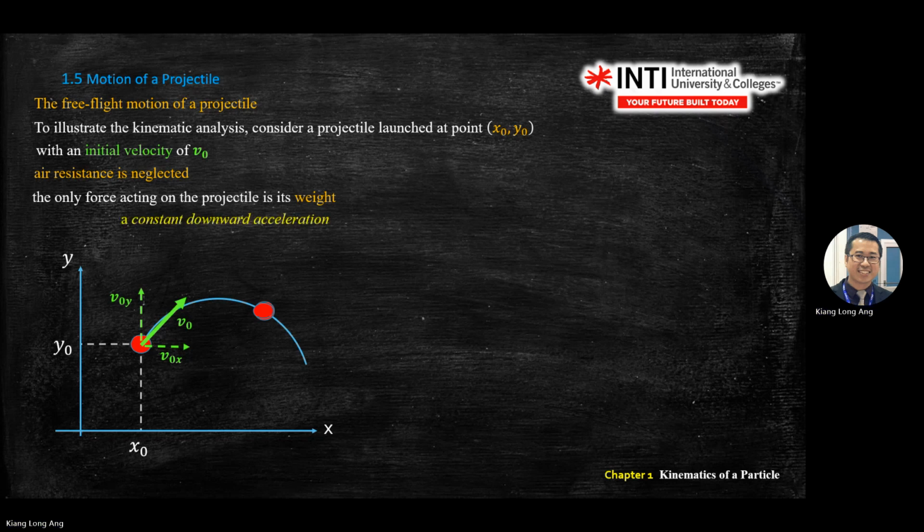So you know that on this earth, we have a constant downward acceleration that pull you down with its negative 9.81. So here, constant downward acceleration, it means that every time you see a free flight or motion of projectile, you can use Newton equation. These three Newton equation for projectile question.